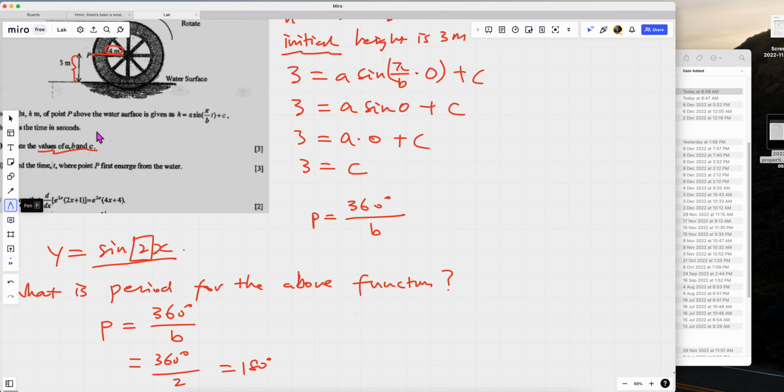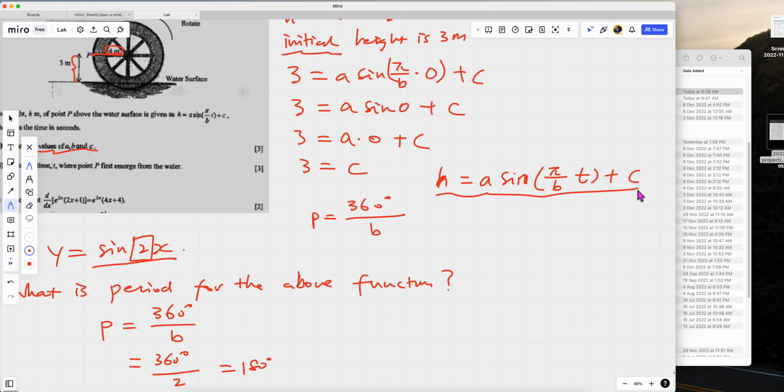Now you use the same concept. Let me write down the function first because the function is above. So h is equal to a sine (pi b t plus c), right?